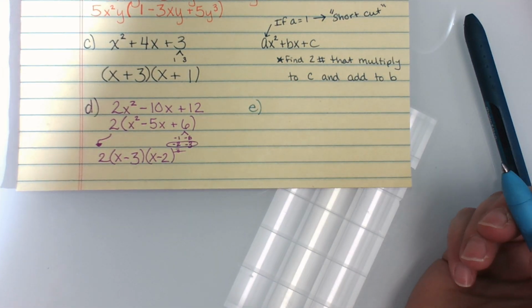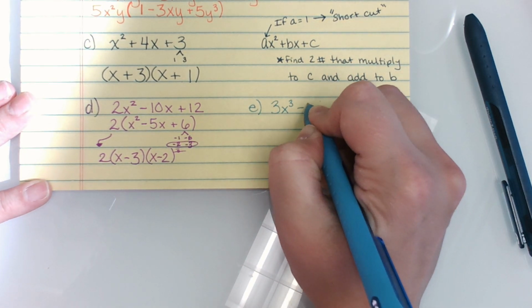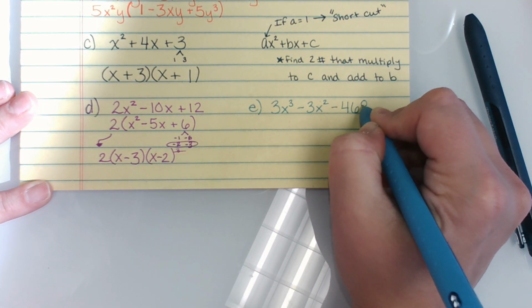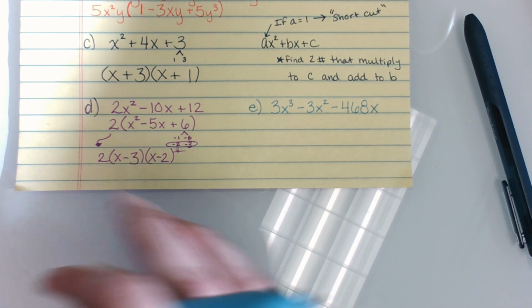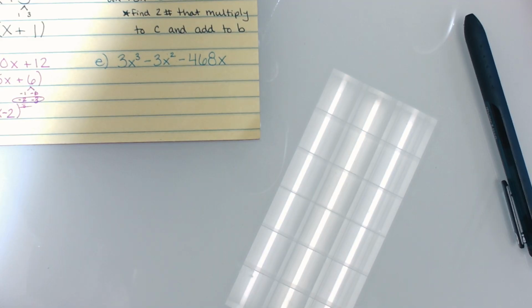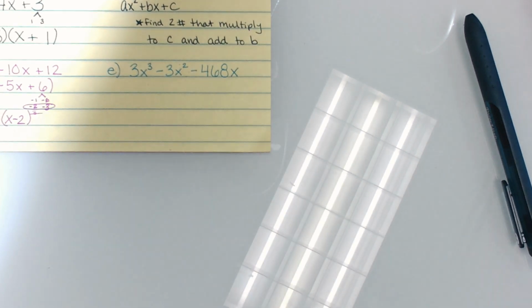Got one more problem, and then we're going to be done with notes. 3x to the power of 3 minus 3x squared minus 468x.